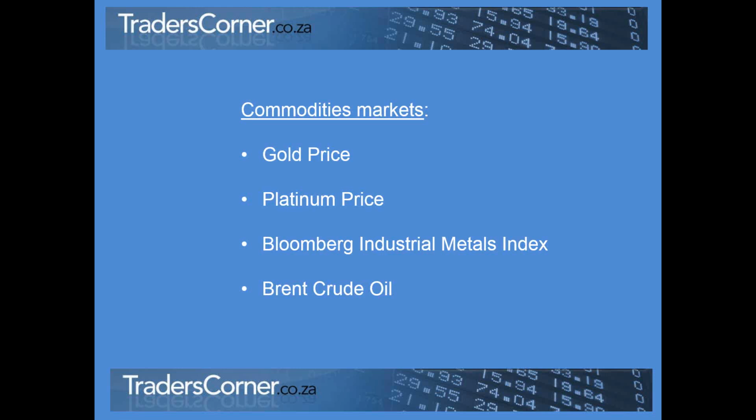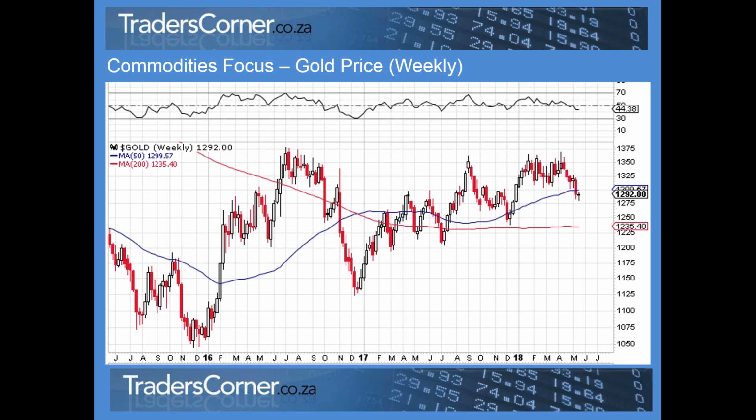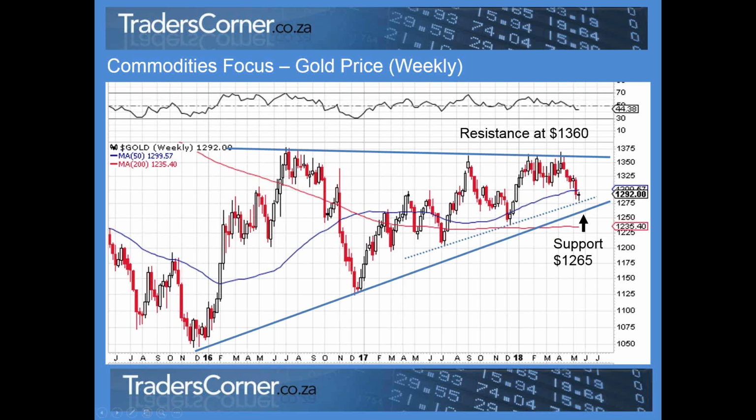All right, then let's look at other markets, our gold price and then the commodities, specifically gold price, platinum, the Bloomberg Industrial Metals Index, and then the crude oil price. So here's our gold price chart. It's same old really. It's been a bit weak over the last 2 or 3 weeks. It's broken below $1,300 an ounce, which is a break below the bottom of the range that had been intact for all of 2018 up until quite recently.